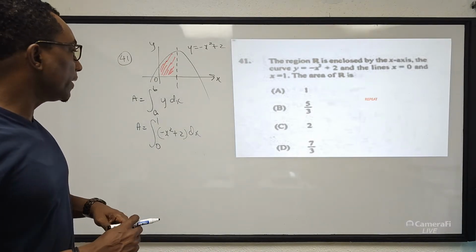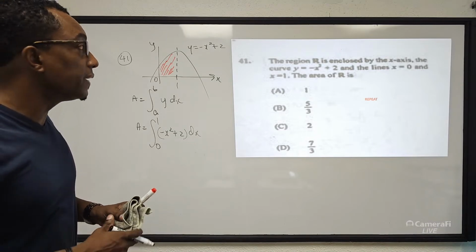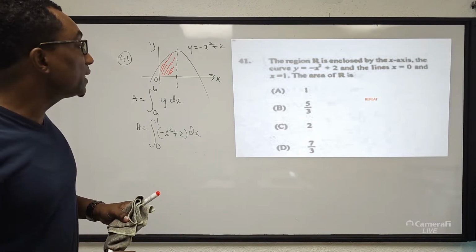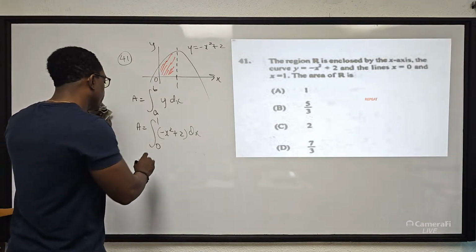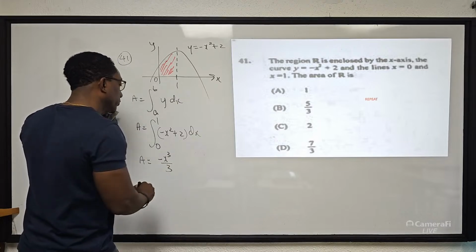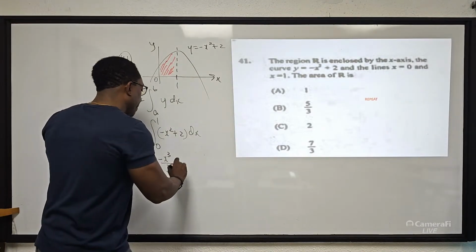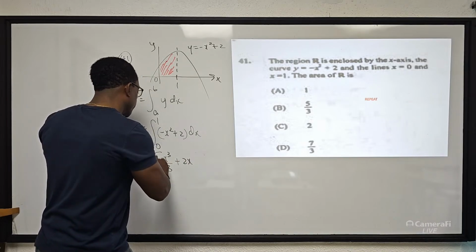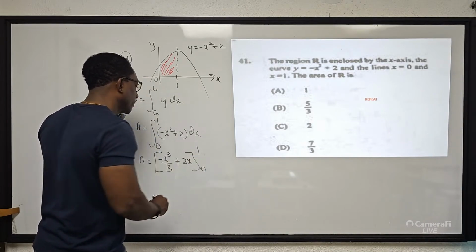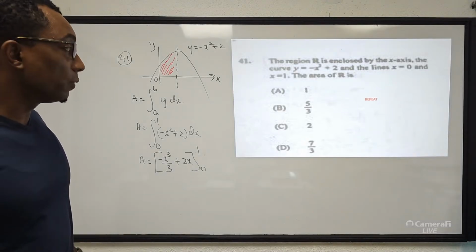Let us integrate that and substitute our limits to see what area we get for the region I have shaded in red. So A is equal to negative x cubed all over 3, since we add 1 to the power and divide by the new power, plus the integral of 2, which is 2x, between my limits 0 and 1, which must always be maintained.